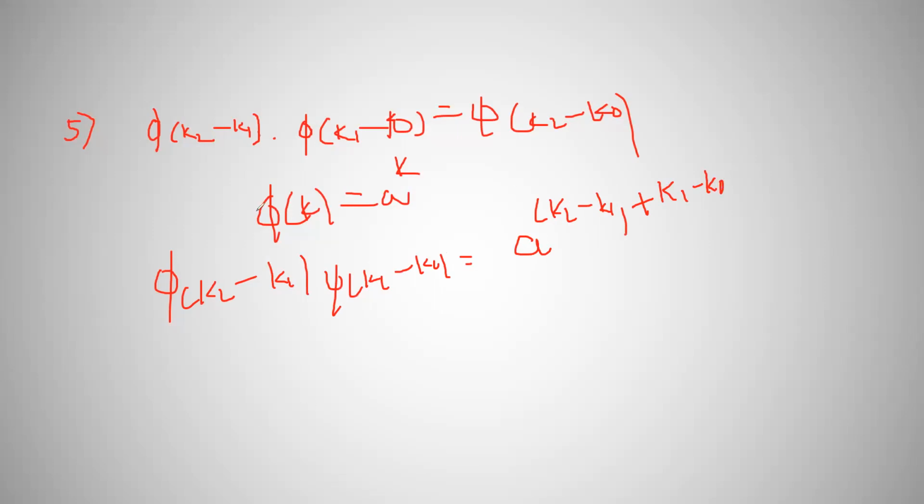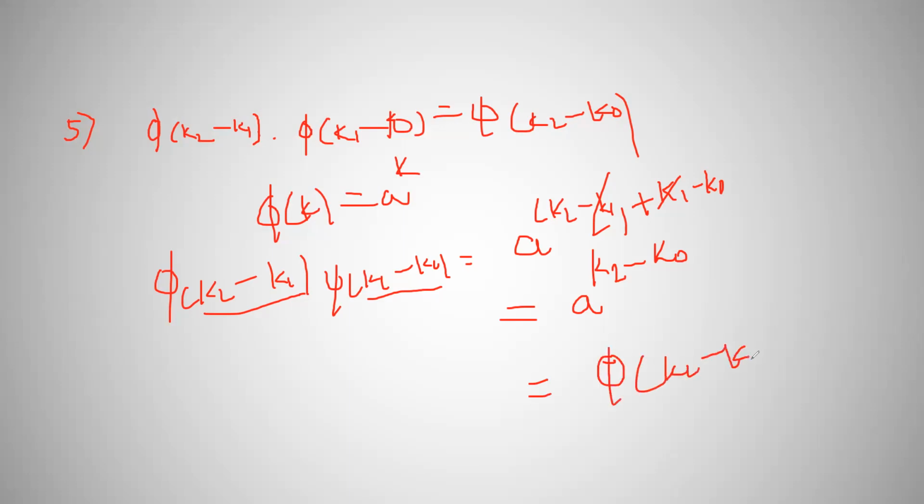The minus k1 and plus k1 cancel, so what remains is A power of k2 minus k0. So it will be phi of k2 minus k0.